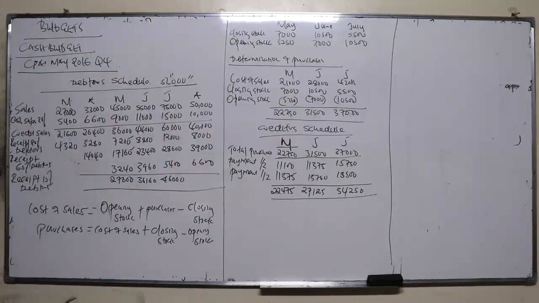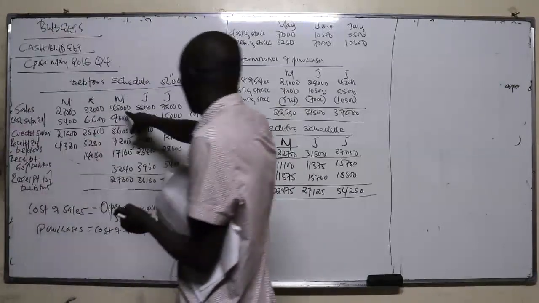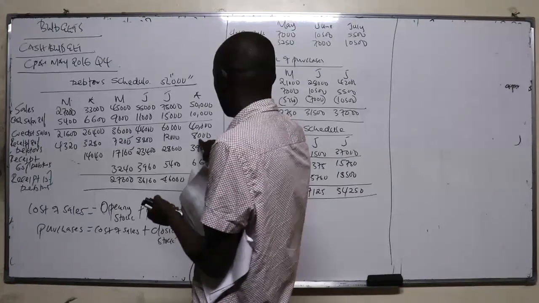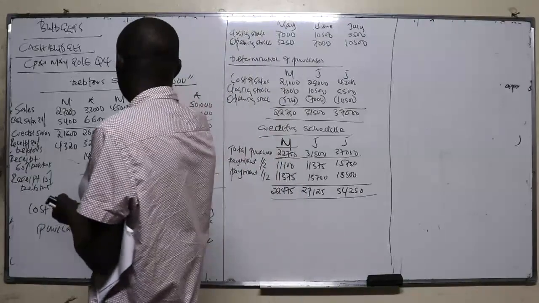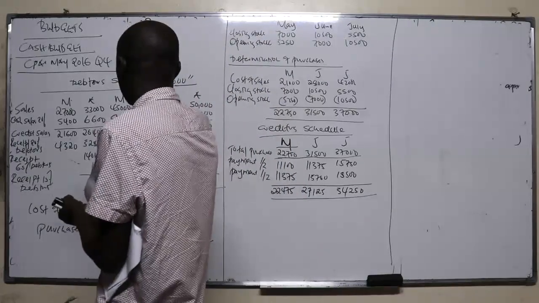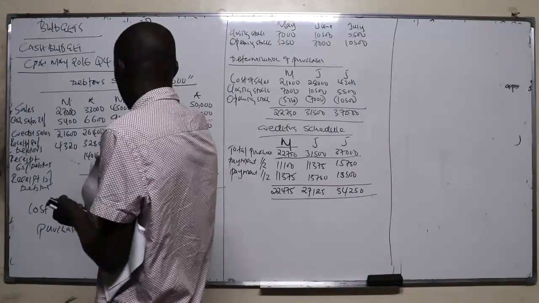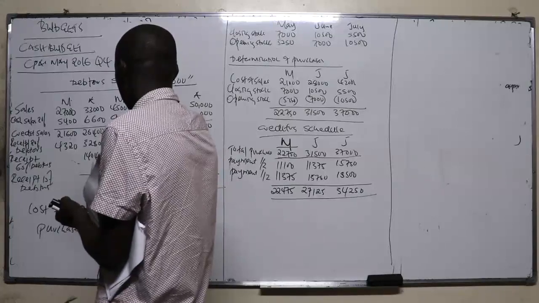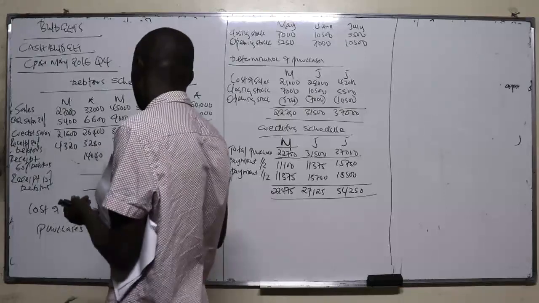Which one? This one, the last payment. May. May, you got what? You got 32. This one, May here. You got what? Of 21,600.